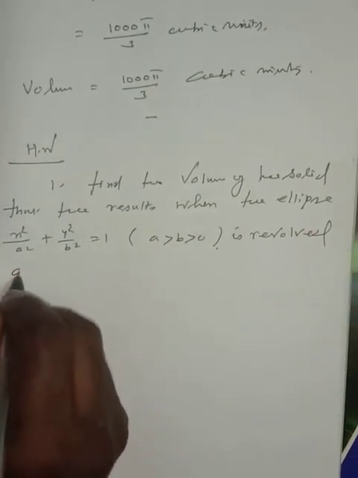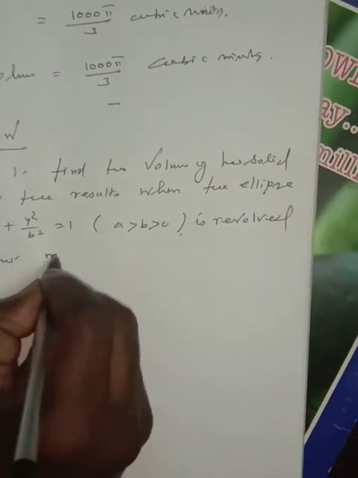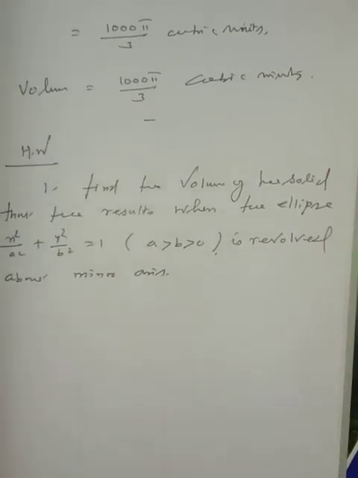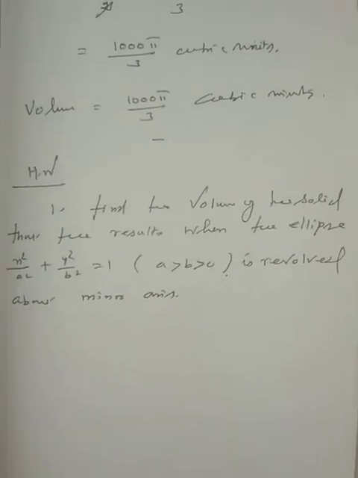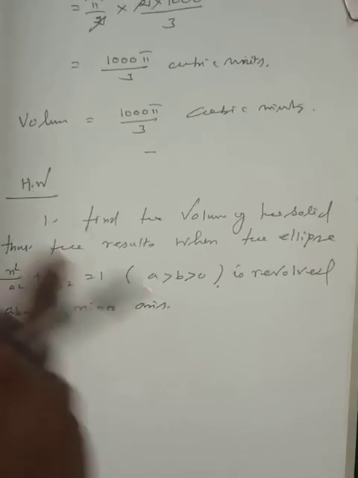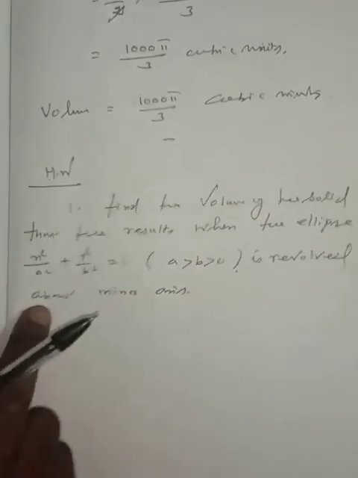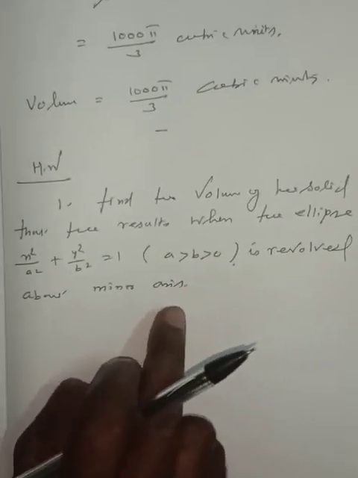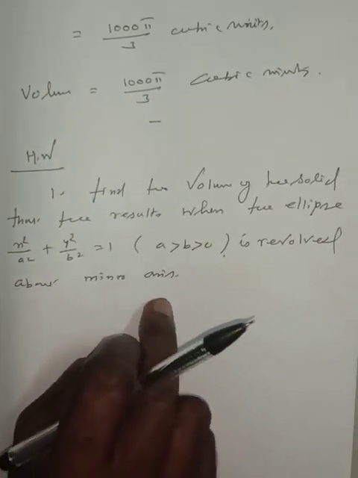The last problem, sum number 6, was revolving about a major axis, so x axis. In this case, revolved about a minor axis, therefore y axis. You have to take y axis as a minor axis.